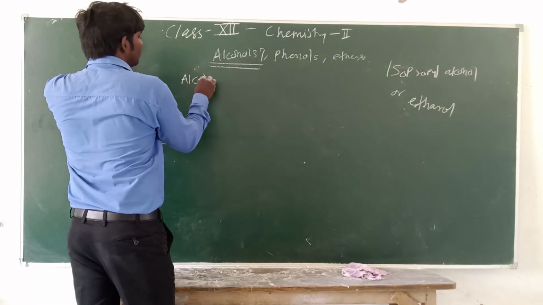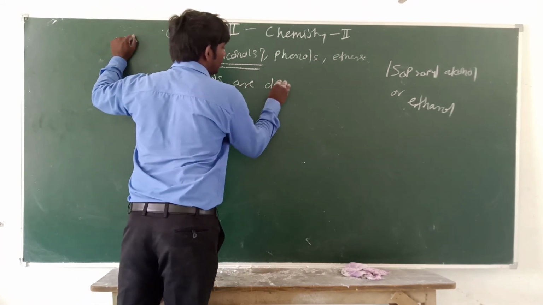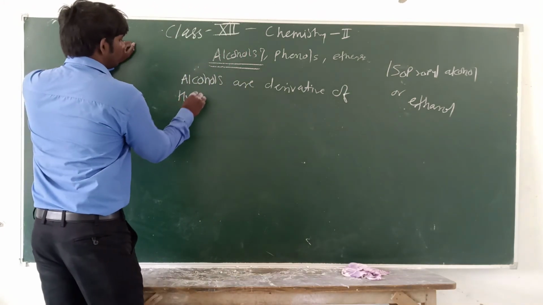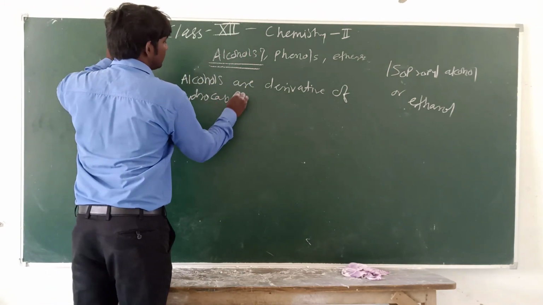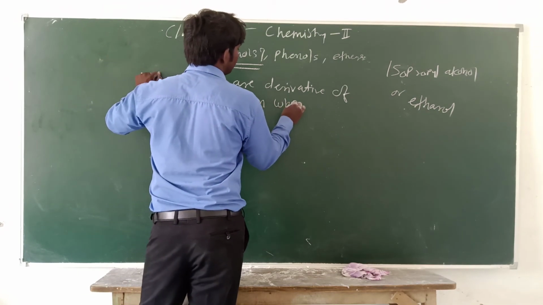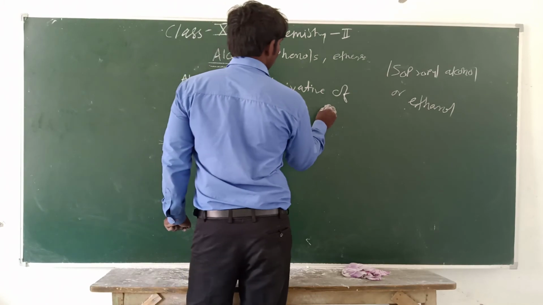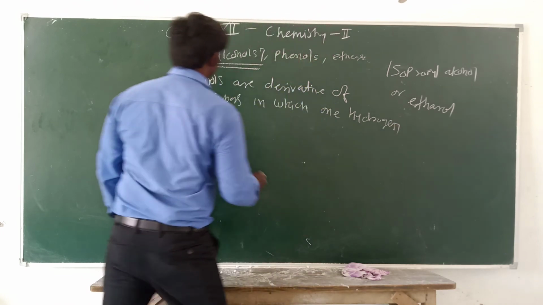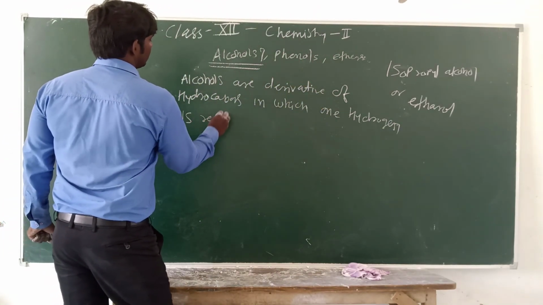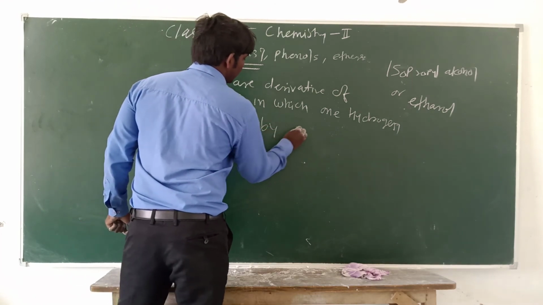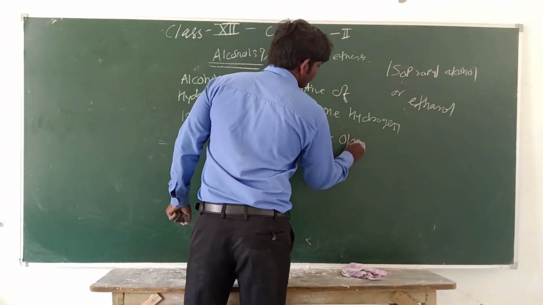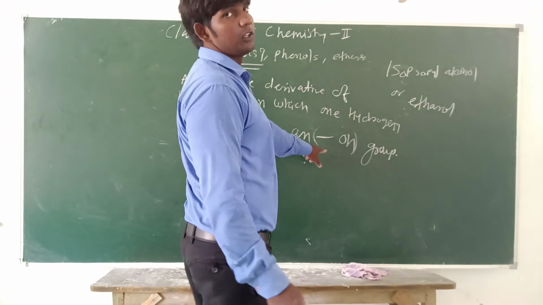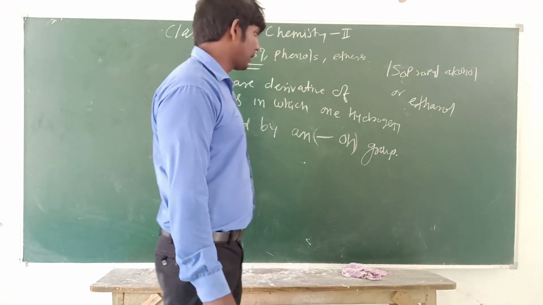Alcohols are derivatives of hydrocarbon in which one hydrogen is replaced by an OH group, that is the hydroxyl group. You can just see the hydroxyl group, okay?